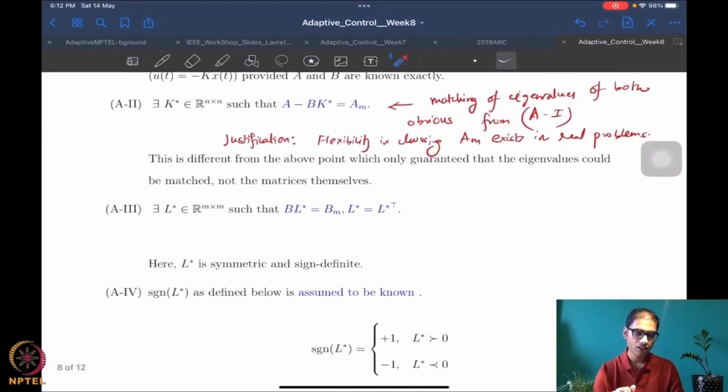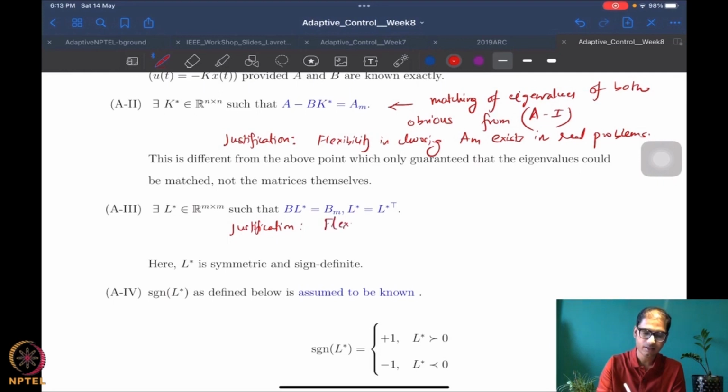Right, great. So now this next assumption is similar, along the same lines. It says BL star has to be equal to BM. So there should exist an L star such that BL star equals BM. Okay, so again the justification is similar: there is flexibility in choosing BM.